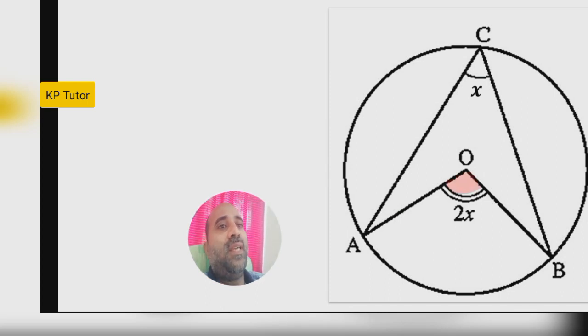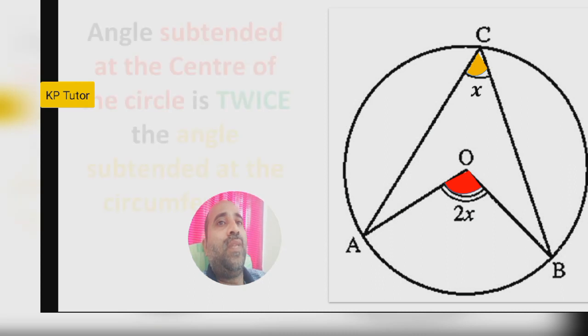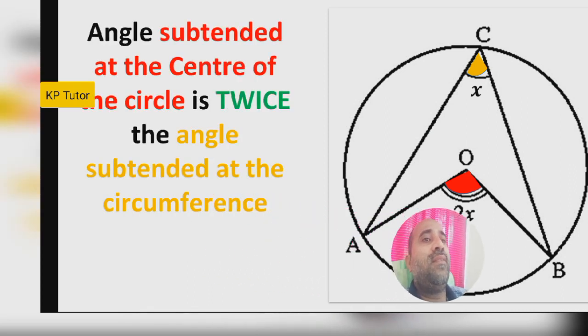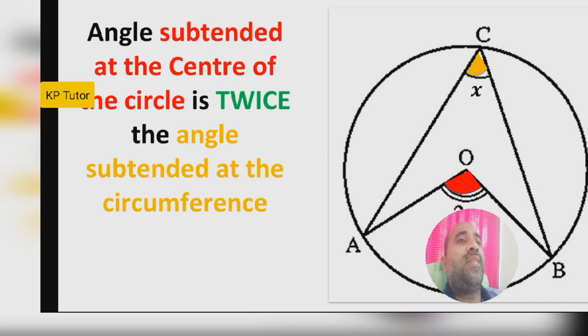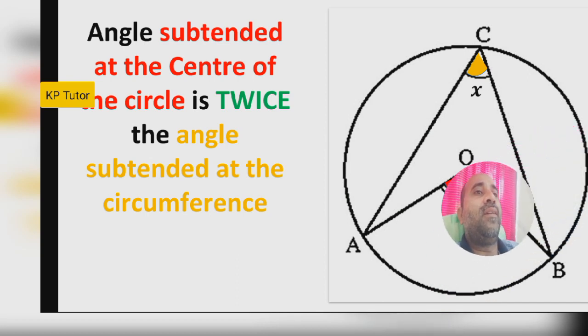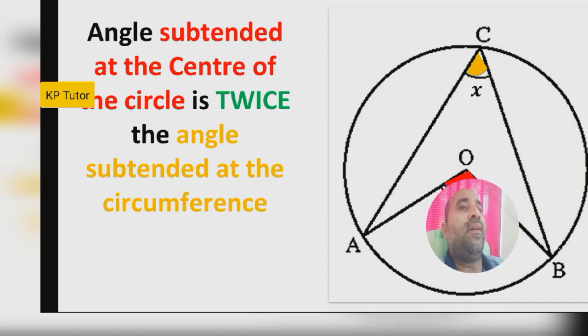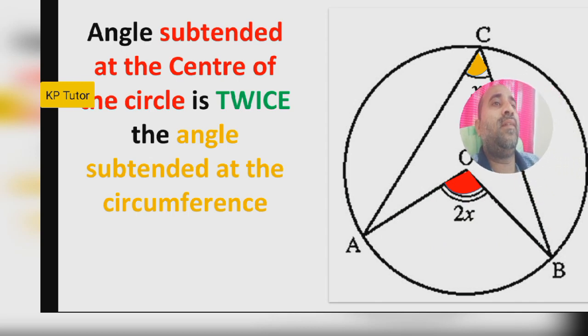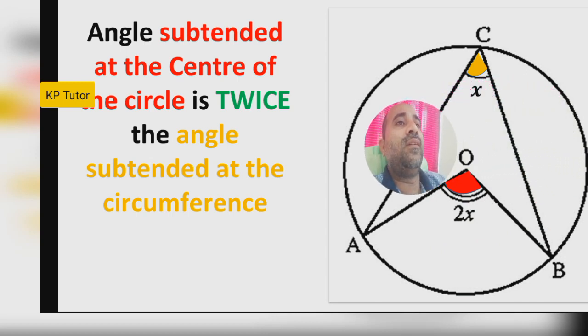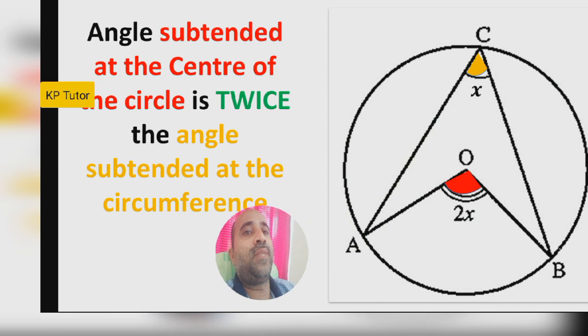Now the theorem says, related to these two angles, the red color marked and yellow color marked, we are going to learn the theorem. So the theorem says the angle subtended at the center is twice the angle subtended at the circumference.